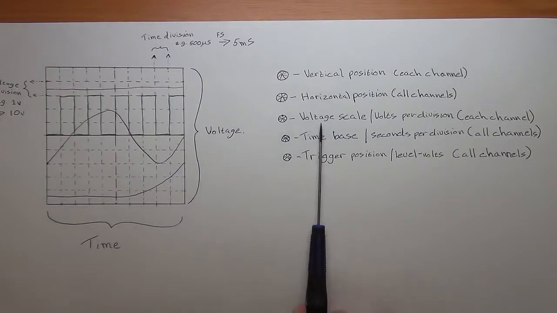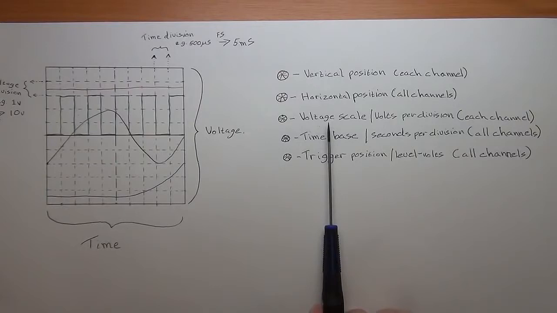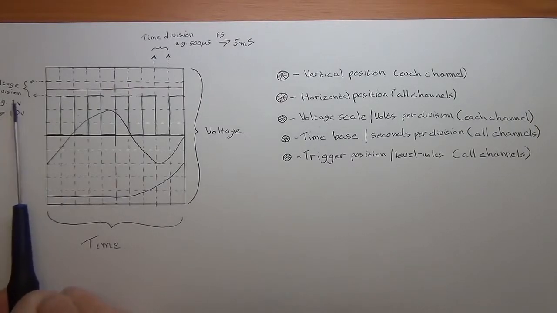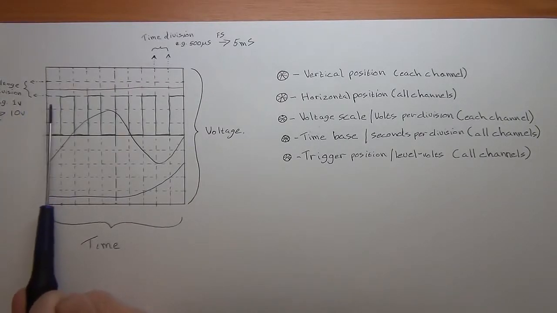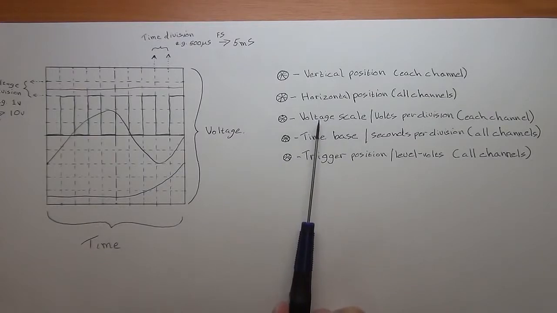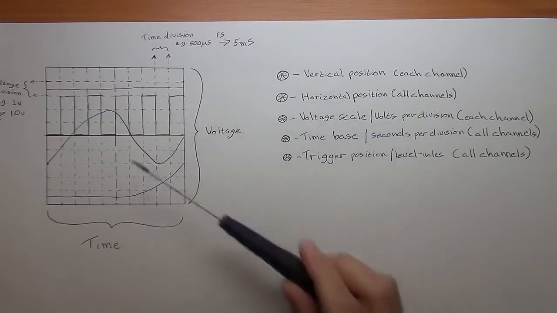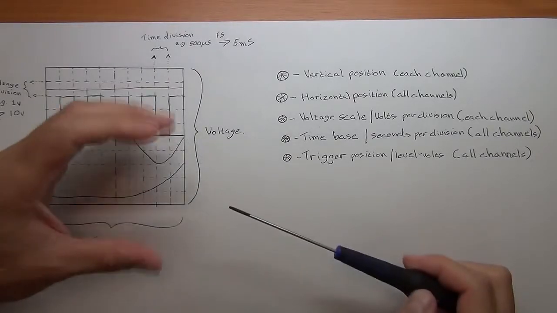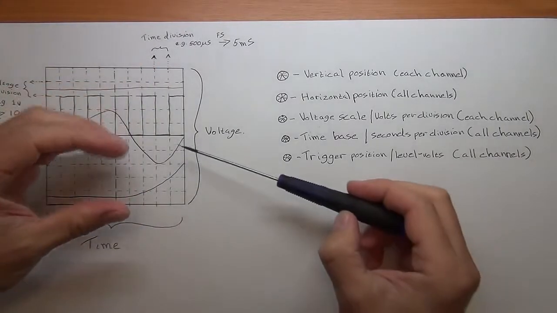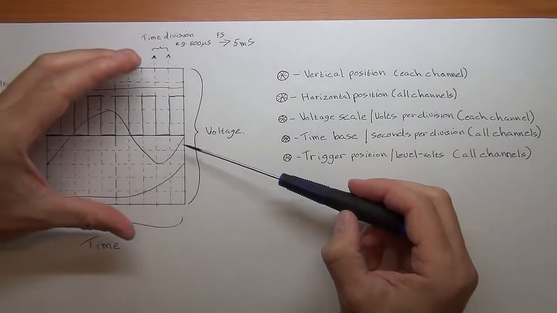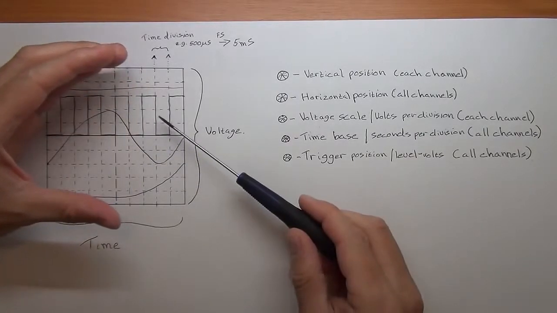The next thing then is the voltage scale, and this is where it kind of gets more interesting. This is where I mentioned you can adjust your volts per division. So each one of these squares, you turn that knob and you can adjust that scale. In essence, it's like a zoom feature. It's allowing you a closer view of a particular part of the signal.